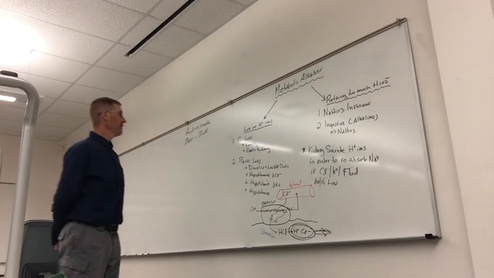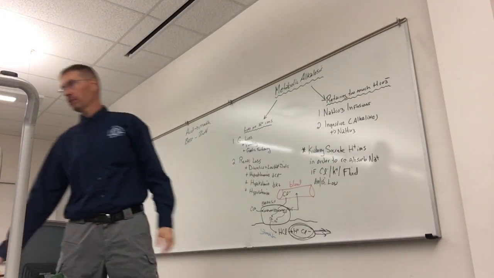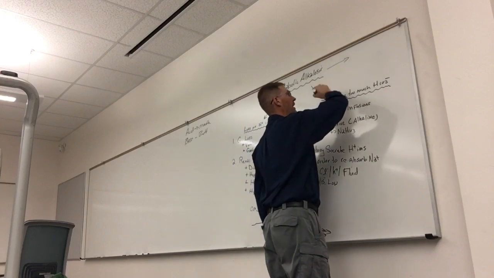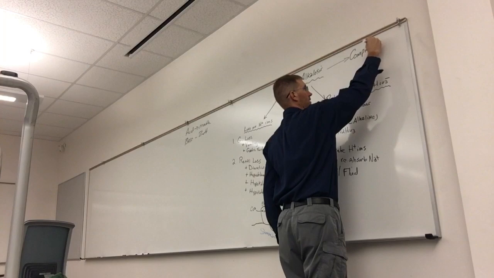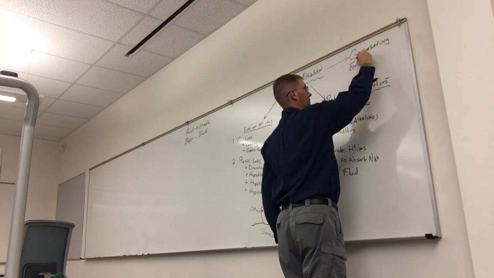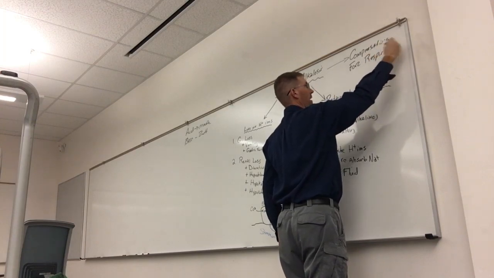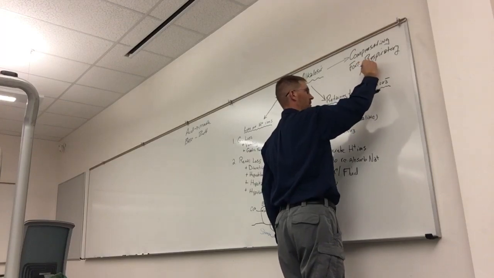Okay. So when somebody develops metabolic alkalosis, and you see this on the ABG as a primary problem, because metabolic alkalosis might also be a compensatory mechanism, they might be compensating for respiratory acidosis.